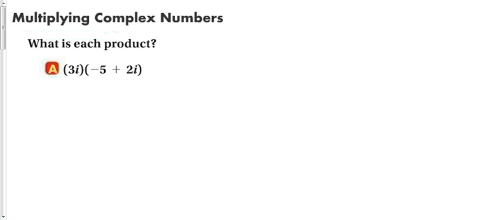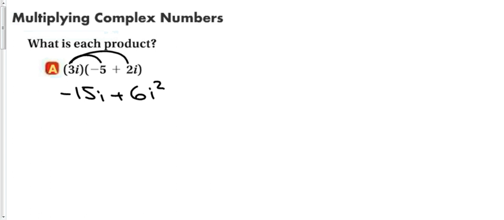What's the product? The rules of multiplication don't change. We have to distribute the negative 3i. So let's do it there first. 3i times negative 5 is minus 15i. 3i times 2i is plus 6i squared.